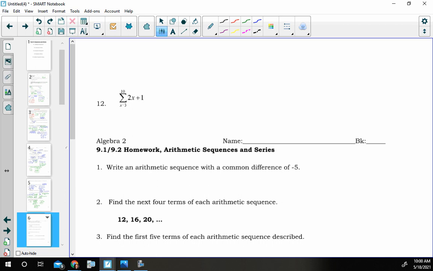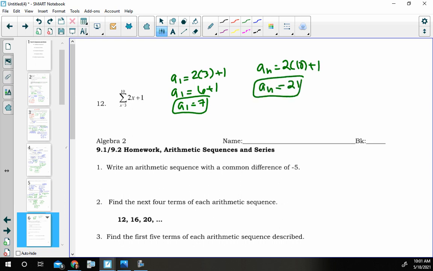Okay, so if I have x is equal to 3, my first term, I have 2 times 3 plus 1, so 6 plus 1, so 7. A sub n, I'm plugging in 10, so 21. My n, I'm going from 3 to 10, so 3, 4, 5, 6, 7, 8, 9, 10, so 1, 2, 3, 4, 5, 6, 7, 8.